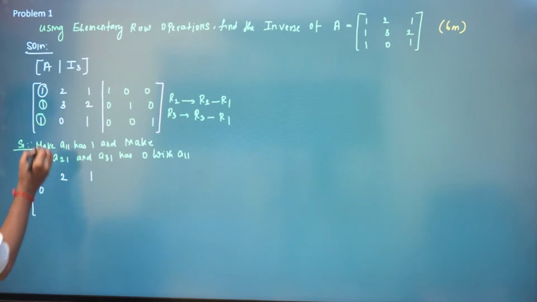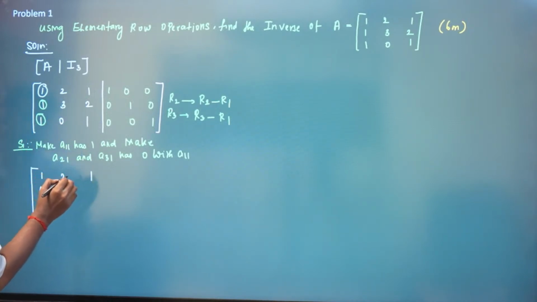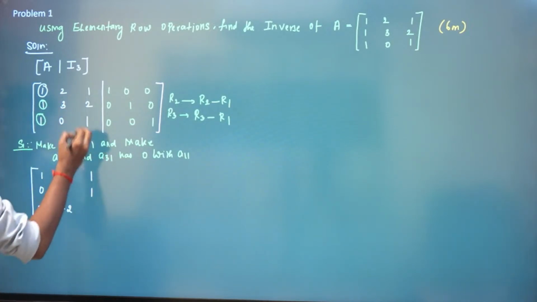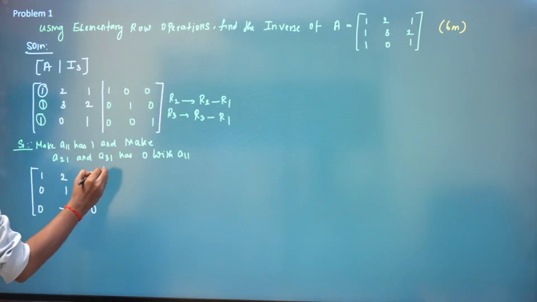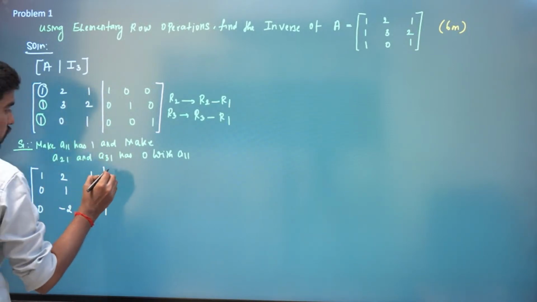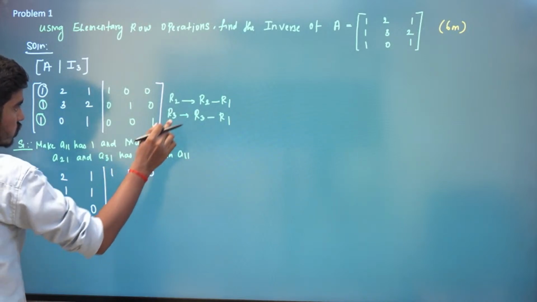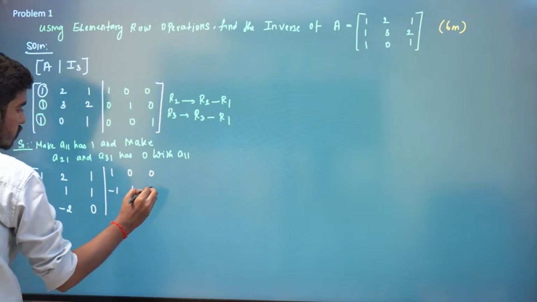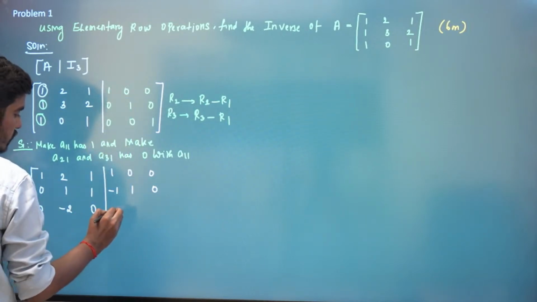So 1 minus 1 is 0. 3 minus 2 is 1. 2 minus 1 is 1. 1 minus 1 is 0. 0 minus 2 is minus 2. 1 minus 1 is 0. Now you have to apply the same operations here also. So R2 minus R1. So 0 minus 1 is minus 1. 1 minus 0. 0 minus 0. So 0 minus 1.